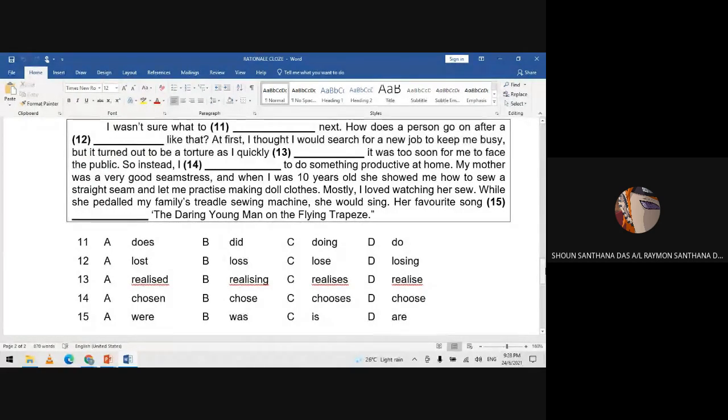My mother was a very good seamstress, and when I was 10 years old, she showed me how to sew a straight seam and let me practice making doll clothes. Mostly, I loved watching her sew. While she pedaled my family's treadle sewing machine, she would sing. Her favorite song, The Daring Young Man on the Flying Trapeze.